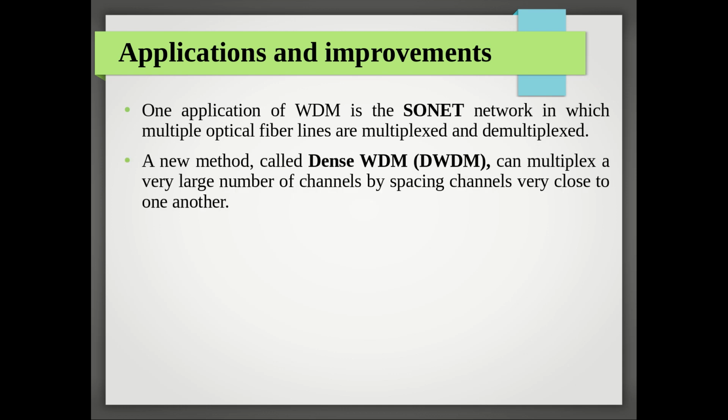Now as an improvement you can think of something called dense wavelength division multiplexing, which is a new method that can multiplex a very large number of channels by spacing channels very close to one another. Channel spacing means the distance between the central frequencies of two adjacent channels. The total frequency is divided into different channels, and each channel, the smaller band of frequency carrying particular information from a given source to a given destination, has a central frequency, and the adjacent band has another central frequency.